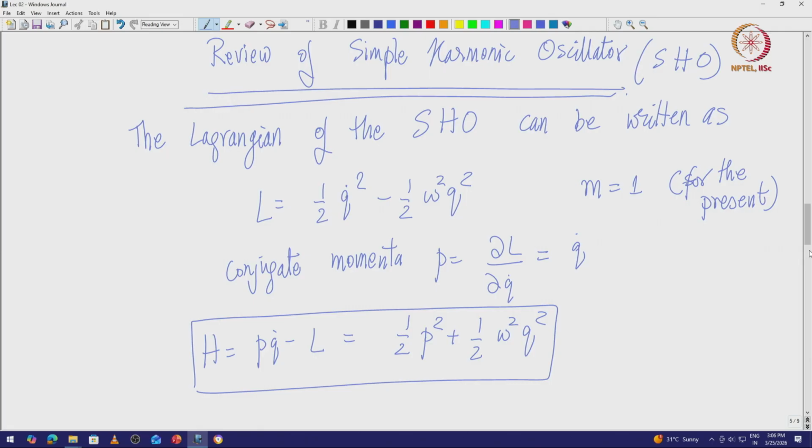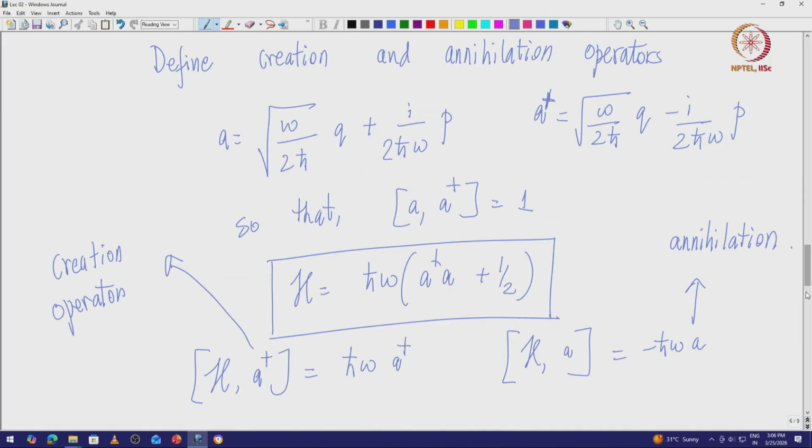And the conjugate momentum is P equal to del L by del q dot. With this we express our Hamiltonian in this particular fashion and define our creation and annihilation operators in such a way that the commutator of A and A dagger is equal to 1. So, we are imposing our quantization conditions on this, and this gives you the spectrum of the quantum harmonic oscillator.